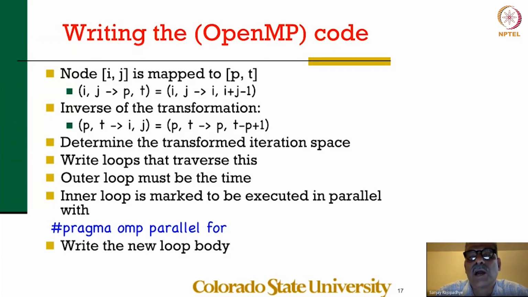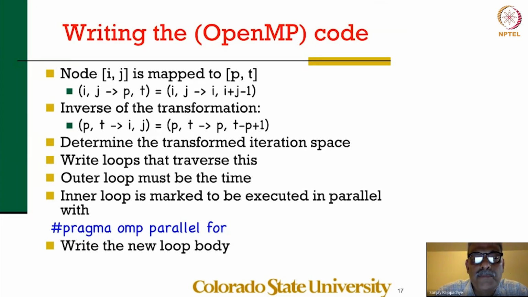And the schedule is i plus j minus 1. This is done because the top left corner of my rectangle, my domain, was 1, 1. So i plus j gives me 2, and I want to start my computation at t equals 1. So i plus j minus 1 is the affine function that tells me the timestamp.